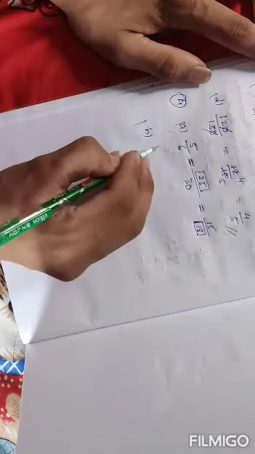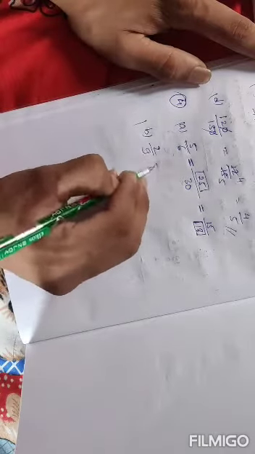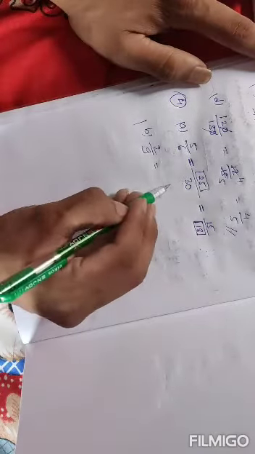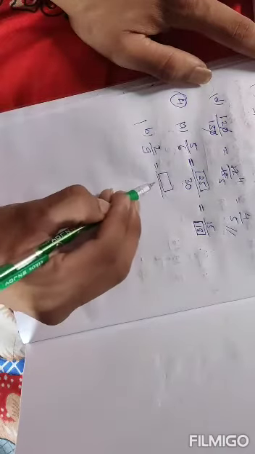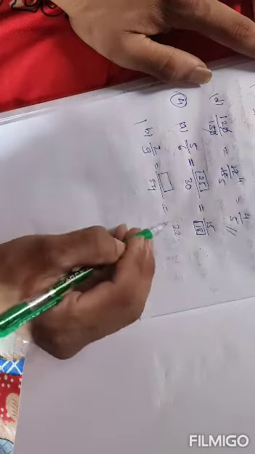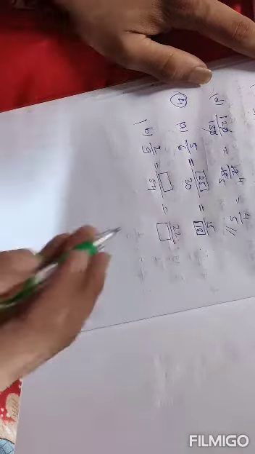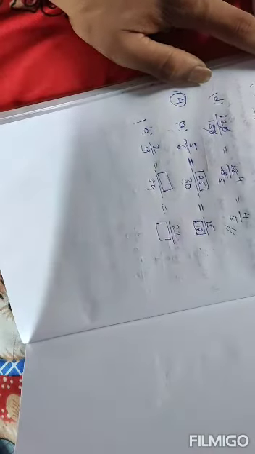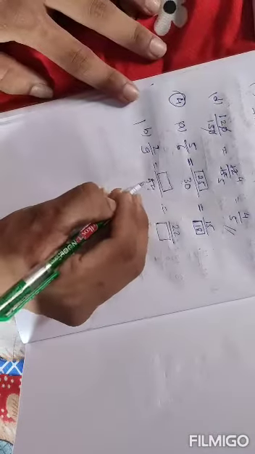Similarly, in question number B, we have 2 by 9 equals to blank by 54 equals to 22 by blank. How will you fill? Here we have blank in the numerator and 54 in the denominator.